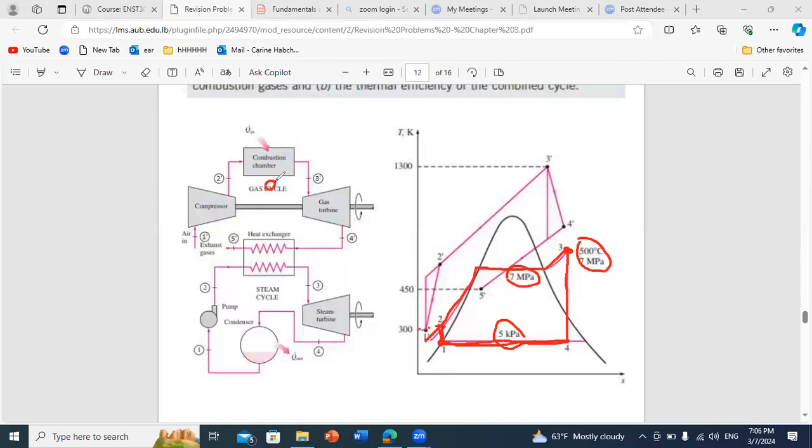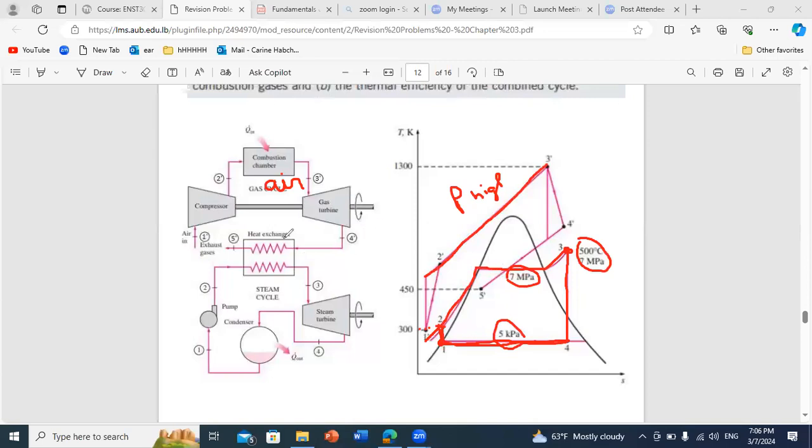Now, for the Brayton cycle, what is different is that you don't have a dome, because you have a gas here, you have air, so no change in phase. And as we mentioned, this cycle operates between two levels of pressure. So you have a line of constant pressure here for P high, which is after the compressor. And you have a low pressure zone that you reach at the exhaust of the turbine.